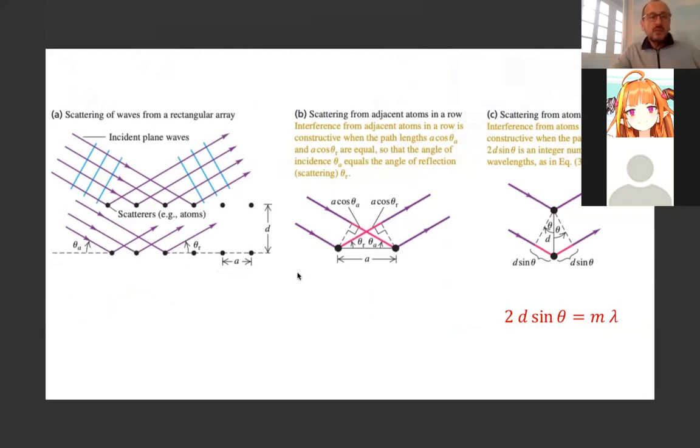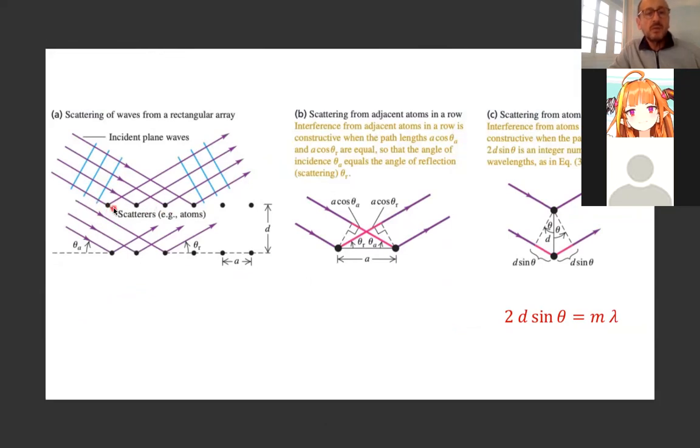Essentially, let me concentrate first on the scattering from the atoms of the top layer of a material.